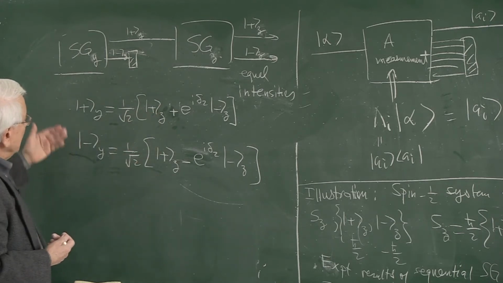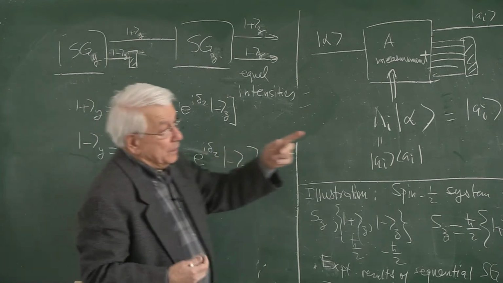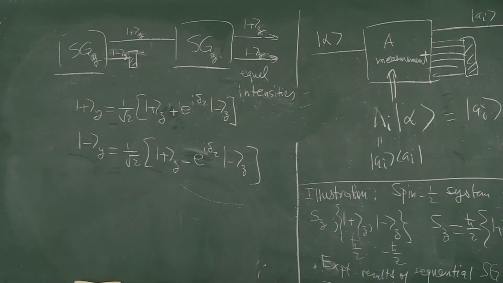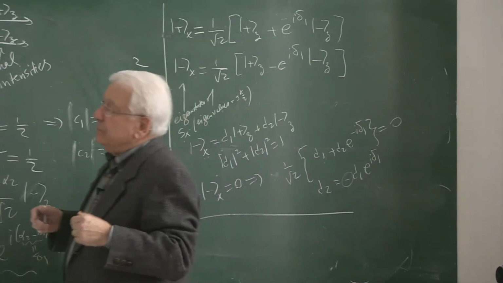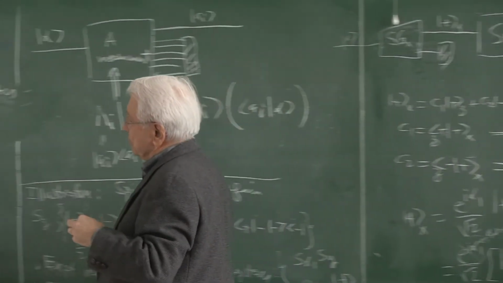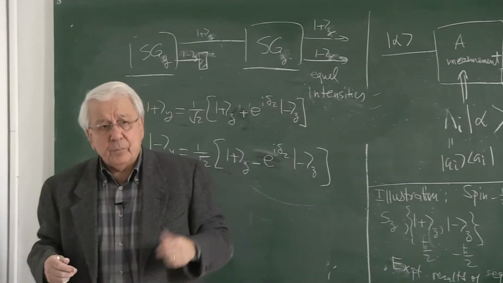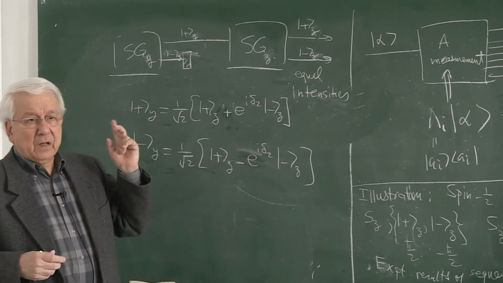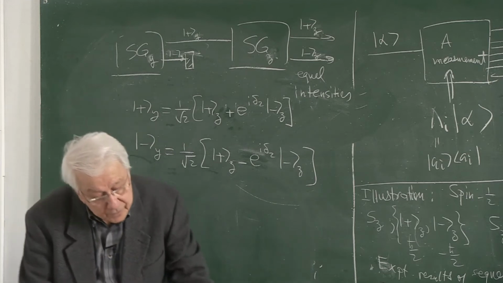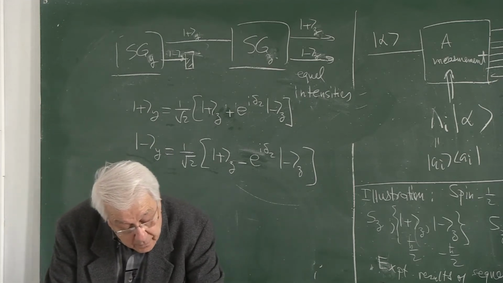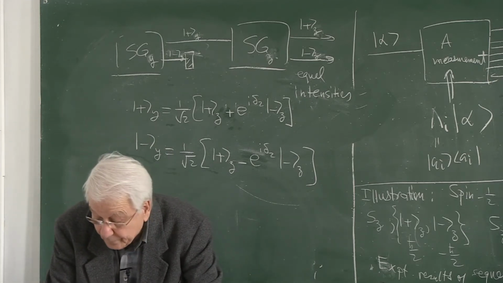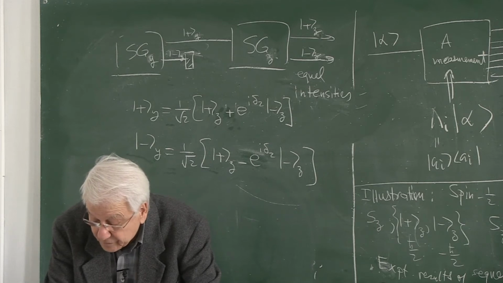So we have the plus minus Y states here and the plus minus X states in here listed. Notice that in both of them, we have complex phases appearing. Delta 1 in one case, delta 2 in the other case. Is there any way of determining those phases?